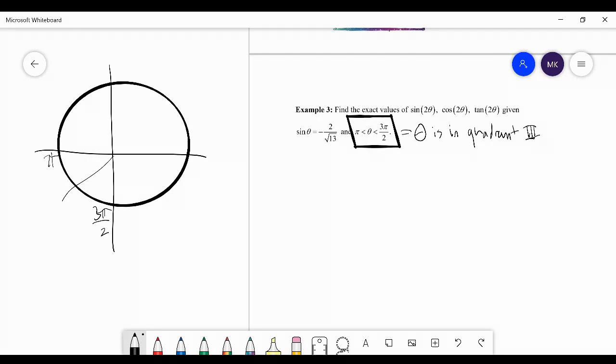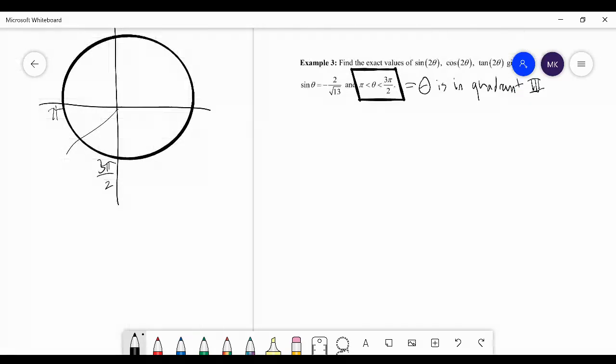Okay. So that's all that's saying, right? Let me erase that. That's fine. So let's figure out what we need to know. What I know is that I have some angle.